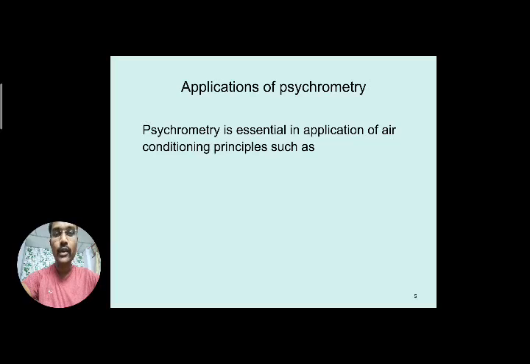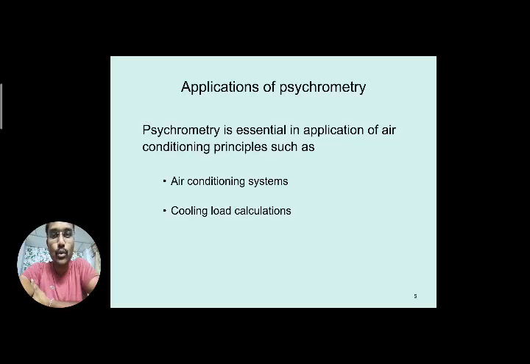Psychrometry is essential in applications of air conditioning principles. AC systems are used in a lot of applications, mostly in households, industries, offices, hotels, schools, colleges.